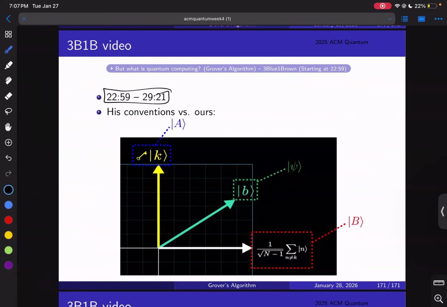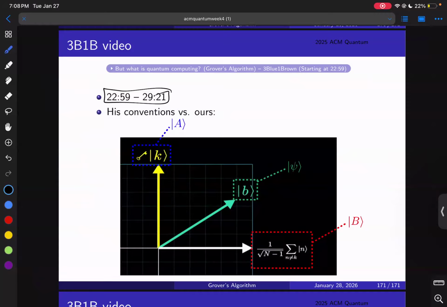In a real situation, how do you represent it in the basis A and B if you don't know what A and B are? A and B were just used to analyze the correctness of the algorithm, and that allowed us to get a result of how many times we should apply K. Literally, the only reason we did A and B is to know how many times we should apply the Grover iterate.